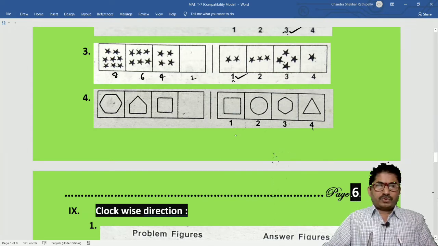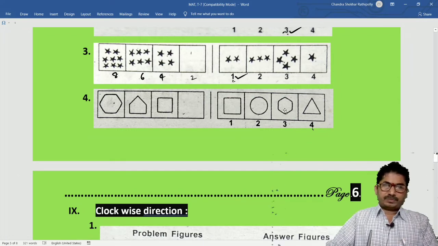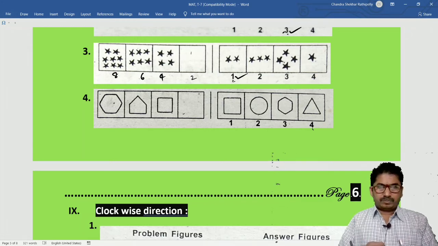On the fourth question, we have to count the sides of these figures. Sides: 1, 2, 3, 4, 5, 6. 6 sides. 1, 2, 3, 4, 5. 5 sides. 1, 2, 3, 4. 4 sides.